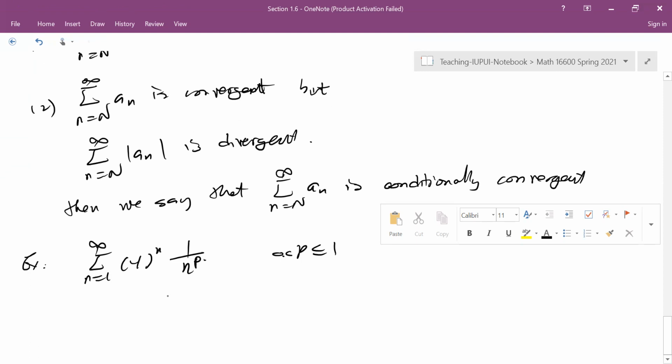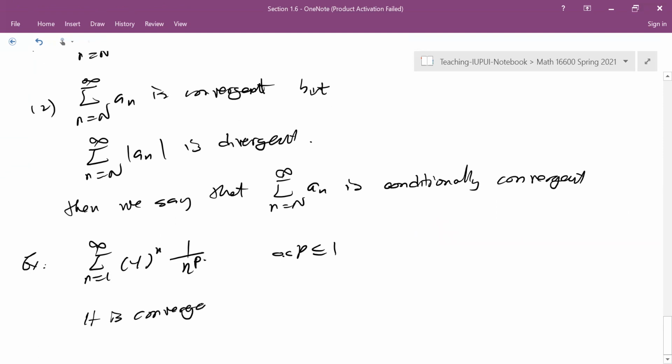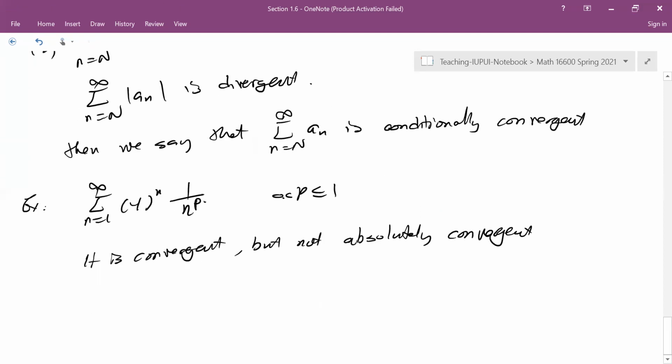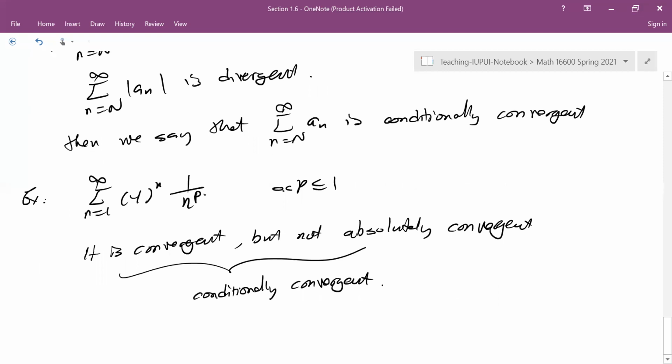This is convergent, but not absolutely convergent. These two combined, we call conditionally convergent. If we want to get more information about the series: why is it convergent?